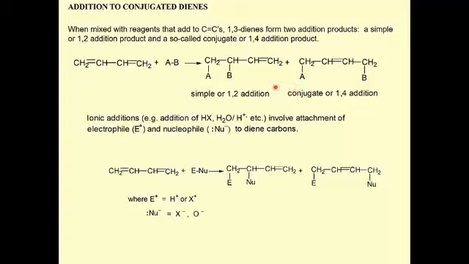Additions, you will recall in our discussion of alkenes, can be ionic or non-ionic. The non-ionic ones would include addition of hydrogen gas with catalyst to alkenes. With respect to addition to conjugated dienes, both with respect to ionic additions and non-ionic additions, we find that two products are correspondingly formed, a 1,2 addition and 1,4 addition.